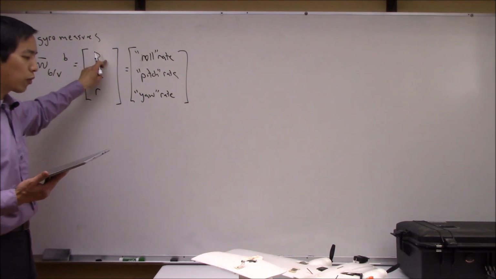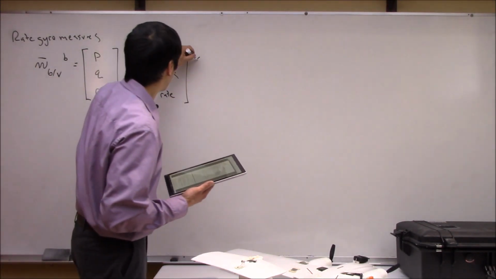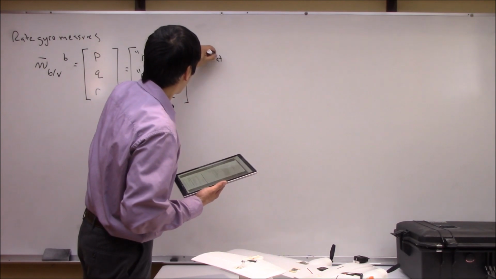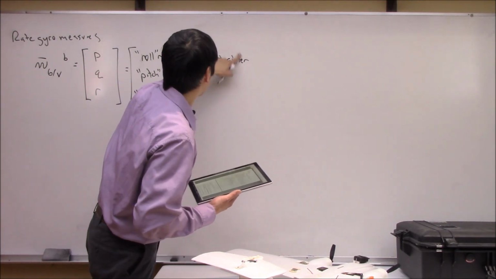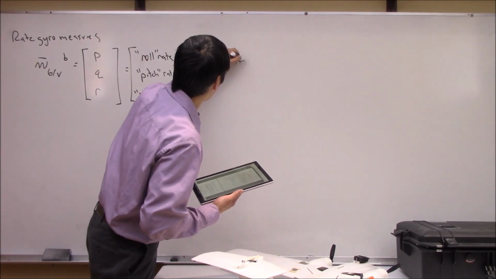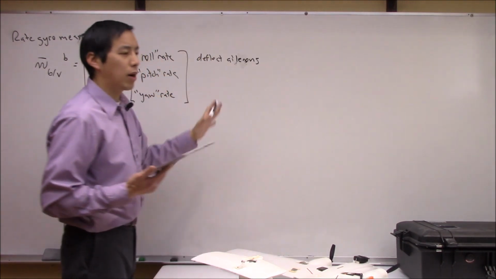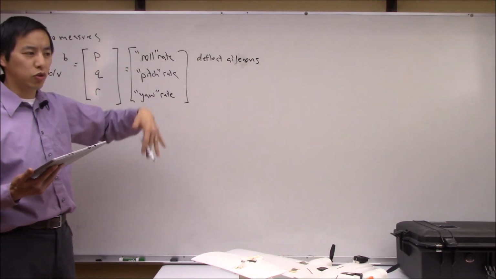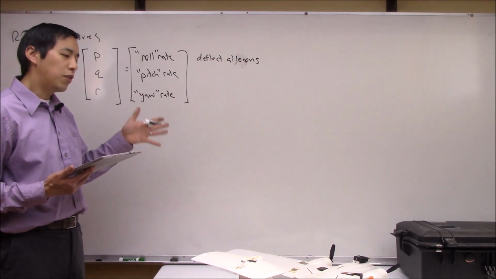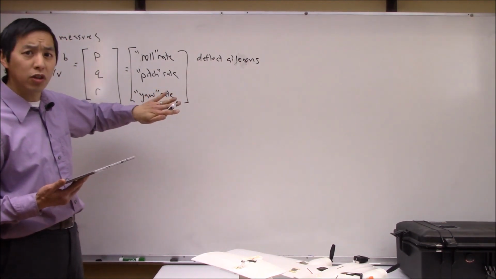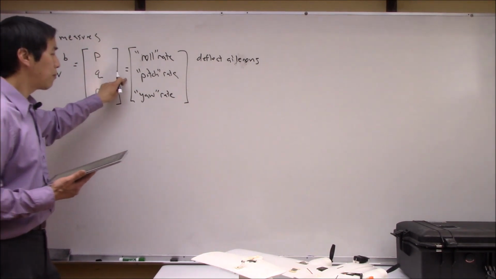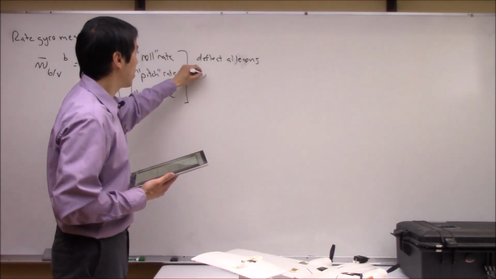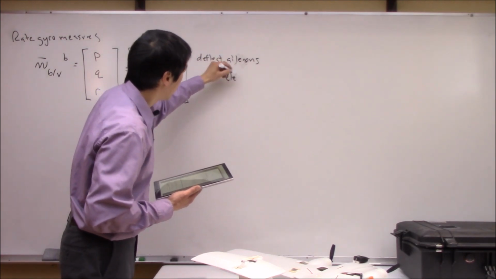You get a roll rate by, say, deflecting the ailerons of your aircraft. You're flying around, I don't care what orientation, you could be going straight up, straight down, or at some funky angle. If you deflect the ailerons, the aircraft is going to start rolling about its body x-axis. Same thing for pitch rate. The way you get that is you deflect the elevator.